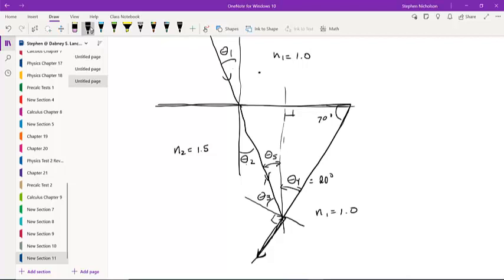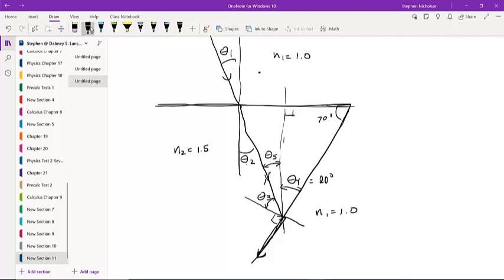Now the angle between the normal and the light ray is that critical angle that we just talked about. So when theta 3 is greater than some value, then you will get total internal reflection.